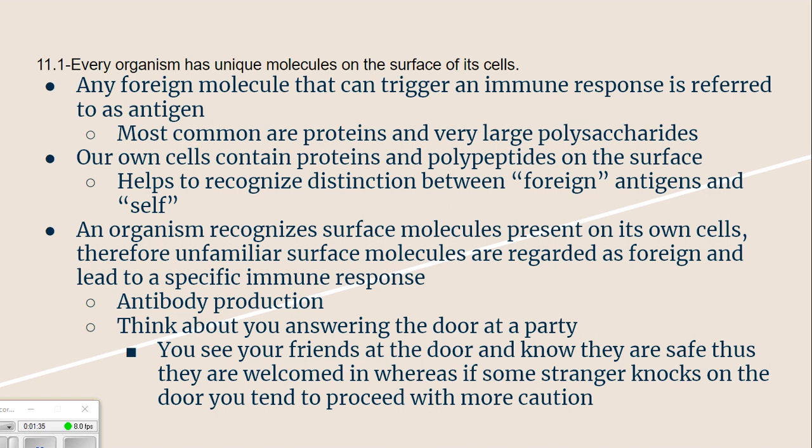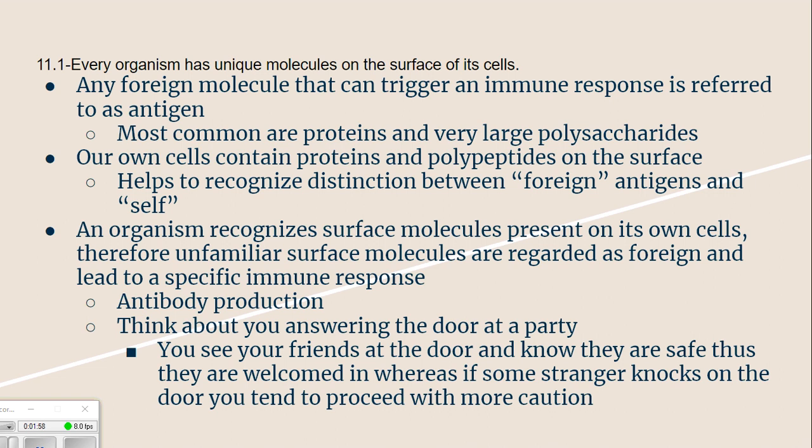Now the specific immune response that we'll focus in on will be in the form of antibody production. So the analogy here is, think about answering the door at a party. You see your friends at the door and know they are safe, thus they are welcome, so you recognize them, you're like, you guys are good.